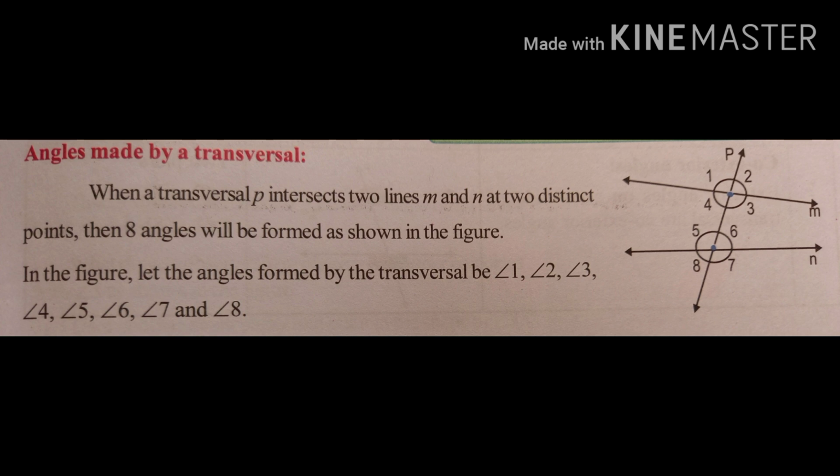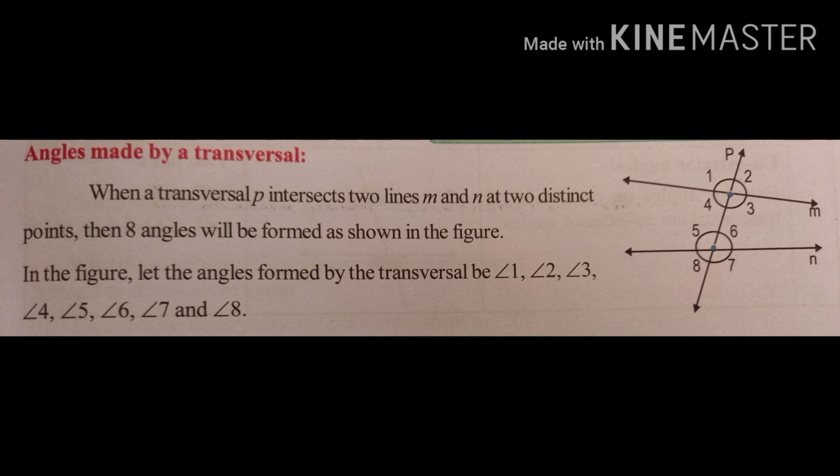Next, angles made by a transversal. When a transversal intersects two lines at two different points. In this figure, when a transversal P intersects two lines M and N at two distinct points, then 8 angles will be formed.